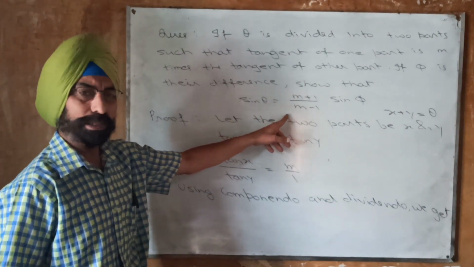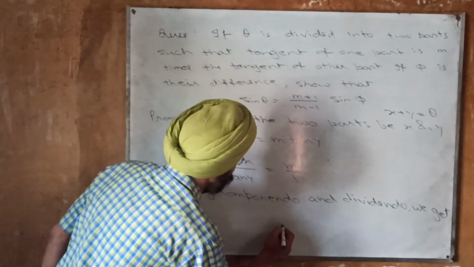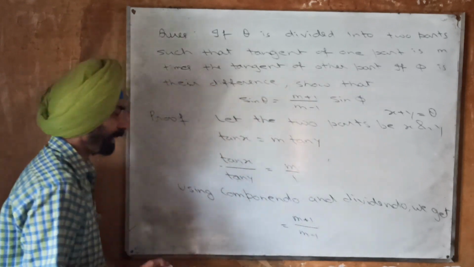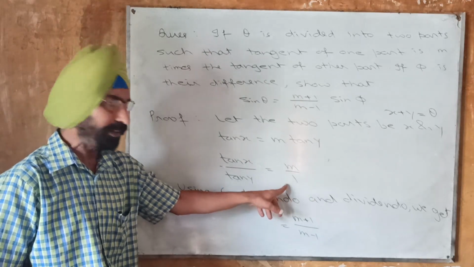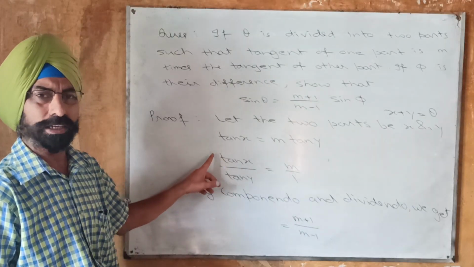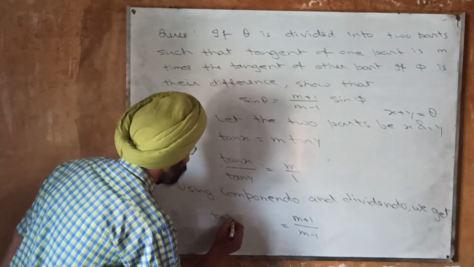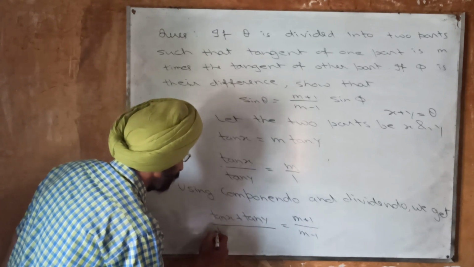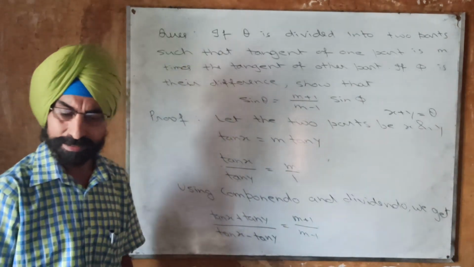We need m plus 1 upon m minus 1 on the right hand side. Accordingly, we will operate here. So on the right hand side, what I want is m plus 1 over m minus 1. Similarly, on the left hand side, numerator plus denominator divided by numerator minus denominator. The same operation I will have to use on the left hand side. So it will become (tan x plus tan y) divided by (tan x minus tan y).